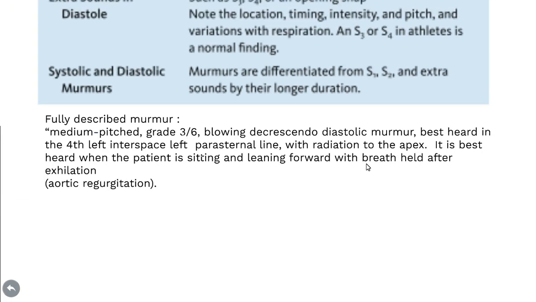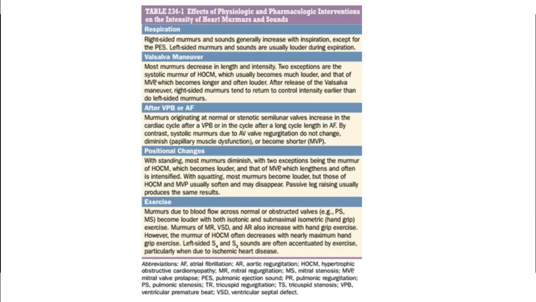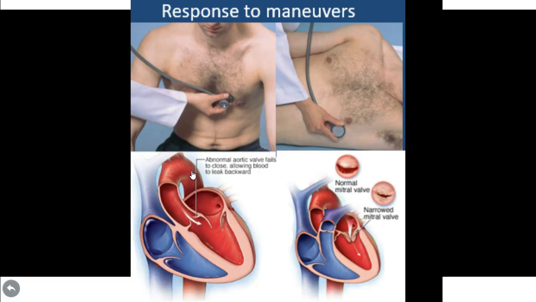Okay. Next is, it is best heard when the patient is sitting and leaning forward with breath held after exhalation. What is this? This is the response to the maneuver. So in a patient with aortic regurgitation, the best position is to let the patient sit up, leaning forward, and use the diaphragm, because it's a high pitched murmur, and you can better appreciate the aortic regurgitation murmur.